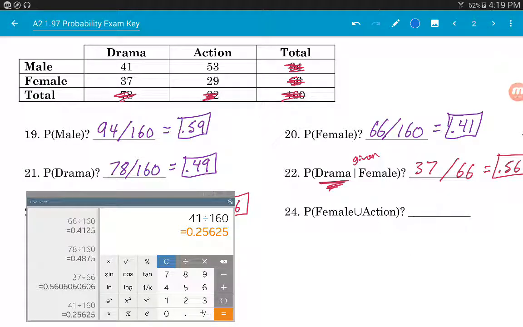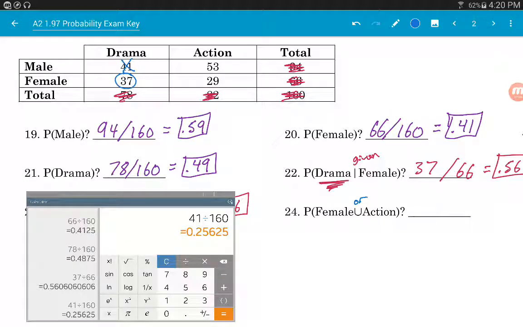Okay? Now, you are invited to this fraction party we're about to create over here if you are female or if you prefer action movies. So these people here are not female and they do not prefer action movies. So they are not invited.